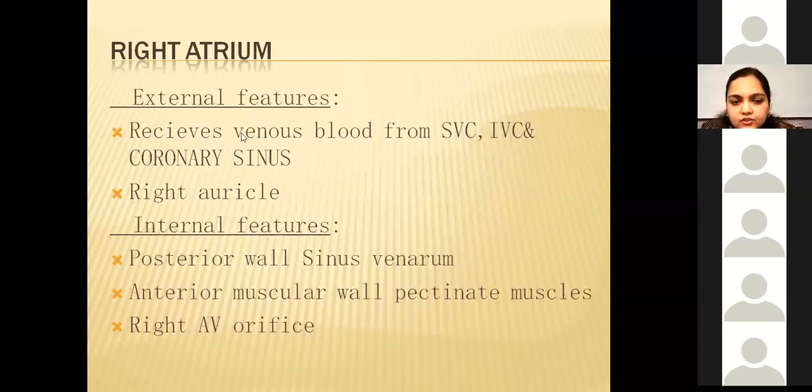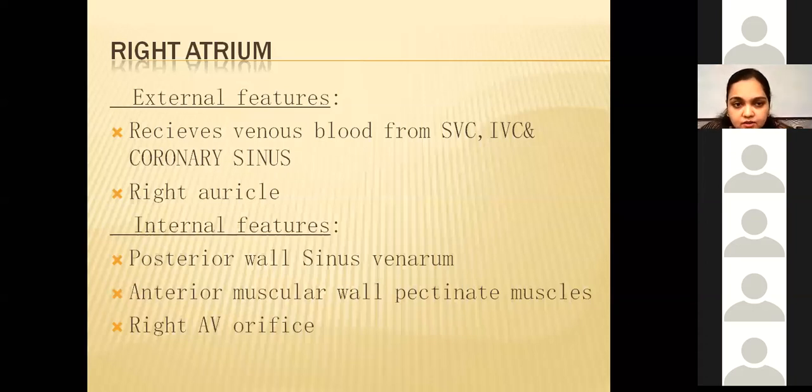Externally, the right atrium receives blood from three sources. What are these three sources? A question can come in your MCQs: name the openings that are present in the right atrium of the heart. Superior vena cava, inferior vena cava, and the coronary sinus. And this right atrium externally contains a small extra additional space.